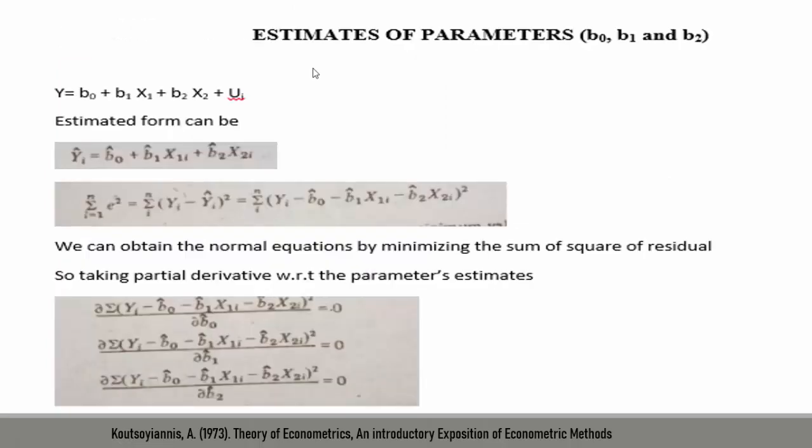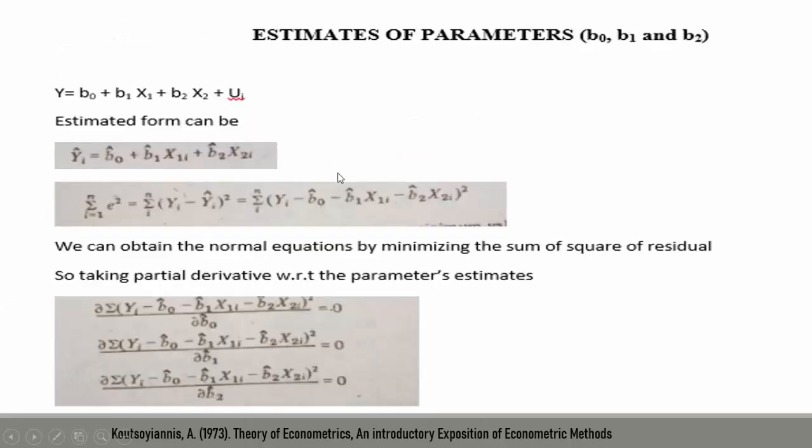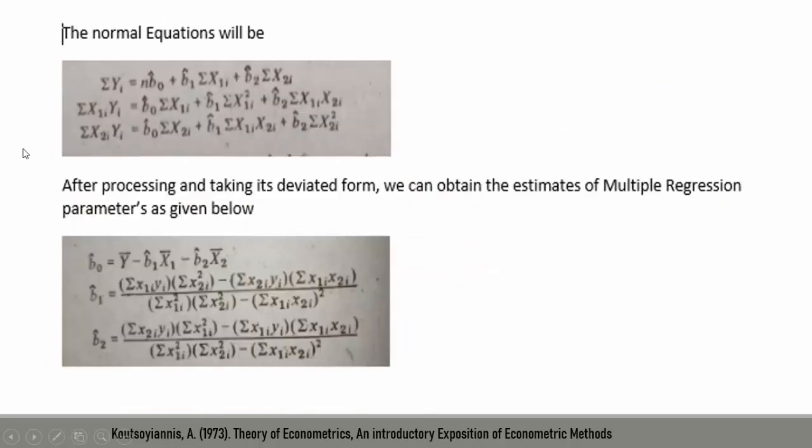By simplifying equation number 2, we get normal equation 2, and by simplifying the third partial derivative, we get the third normal equation. So these are the three normal equations in the case of the multiple regression model with two explanatory variables x1 and x2.